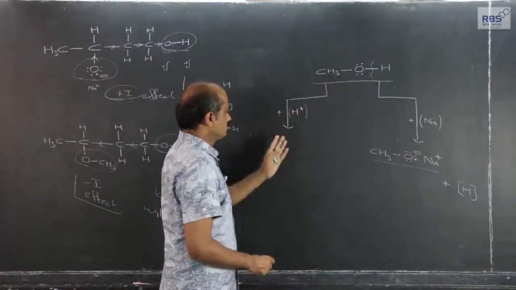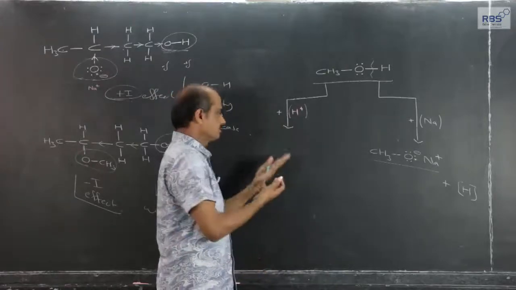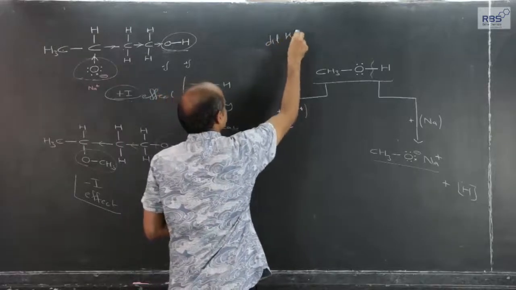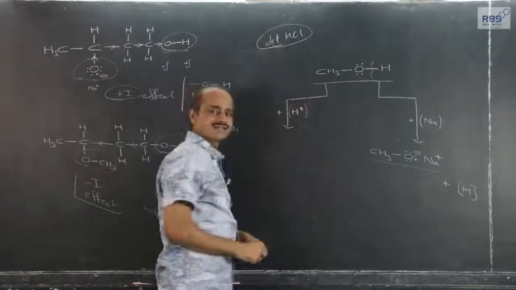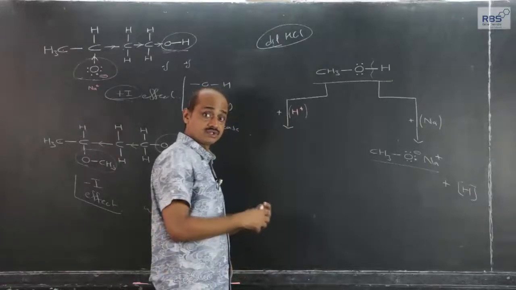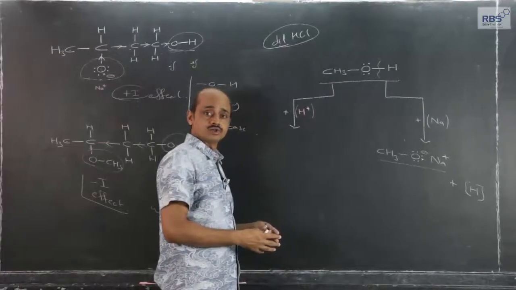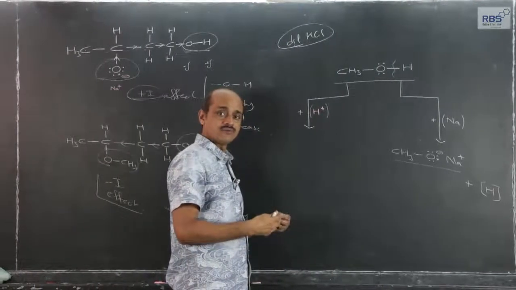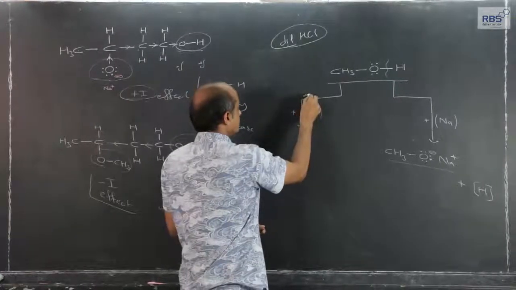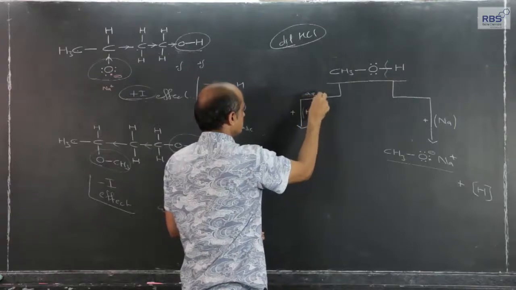Methyl alcohol is reacted with free H plus ions, means it can be dilute HCl, dilute nitric acid, dilute sulfuric acid, mineral acids especially, which in dilute form make available to the solution a large number of free H plus ions. Aqueous, large amount of water.